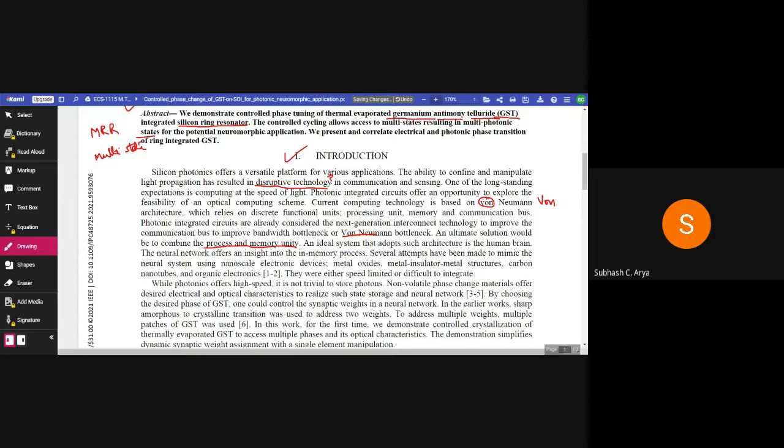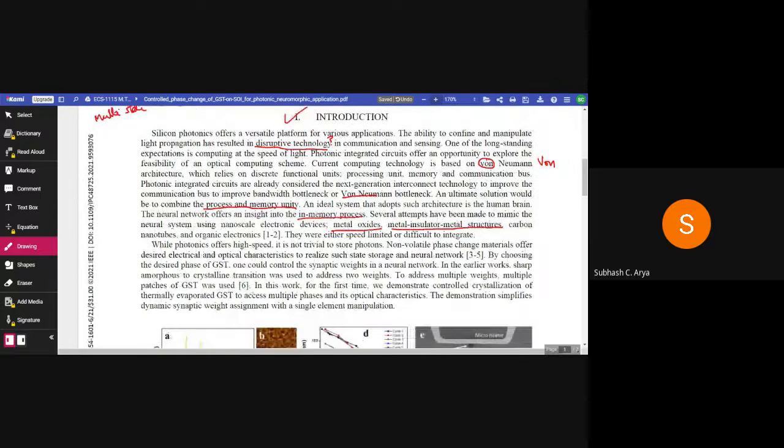An ideal system that adopts such architecture is the human brain. The neural networks offer an insight into the in-memory process. Several attempts have been made to mimic the neural systems using nanoscale electronic devices, metal oxides, metal insulator metal structure, carbon nanotubes, and organic electronics.